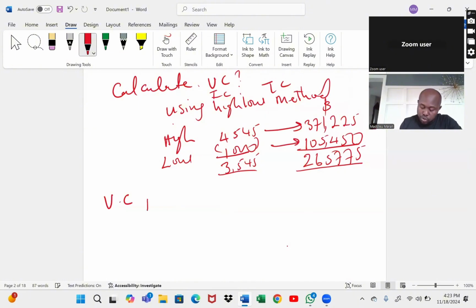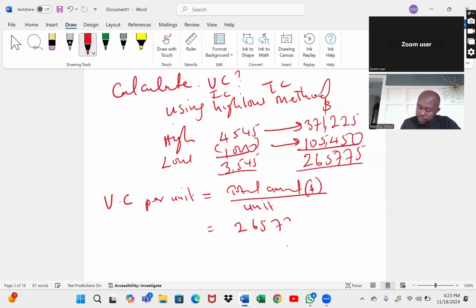So, variable cost per unit. The formula is the total amount, in dollar terms, divided by units. So we have 265,775 divided by 3,545.